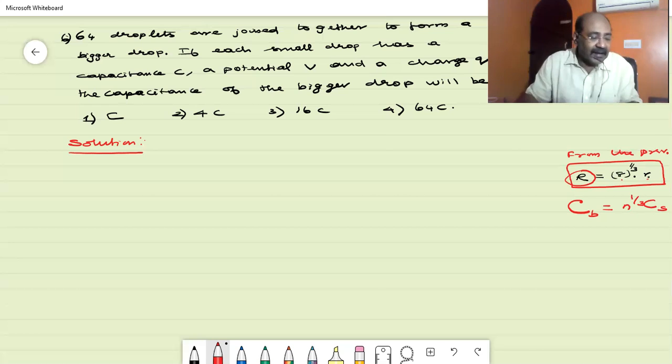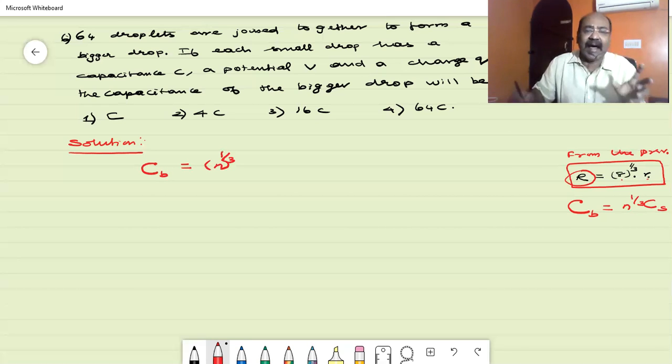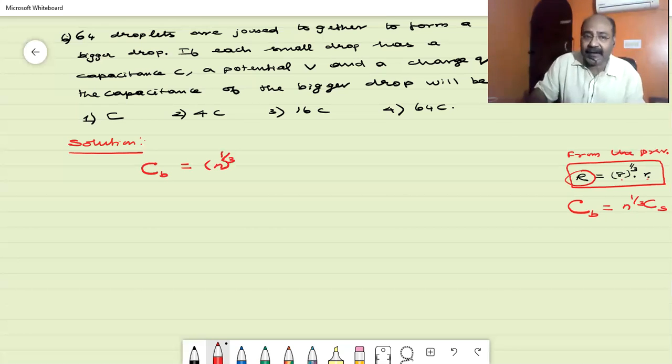Using that, the capacitance of the bigger drop, CB, is equal to the cube root of the number of droplets that have been joined together to form a bigger droplet, multiplied with the radius of the small droplet, which corresponds to the capacitance of the smaller droplet.